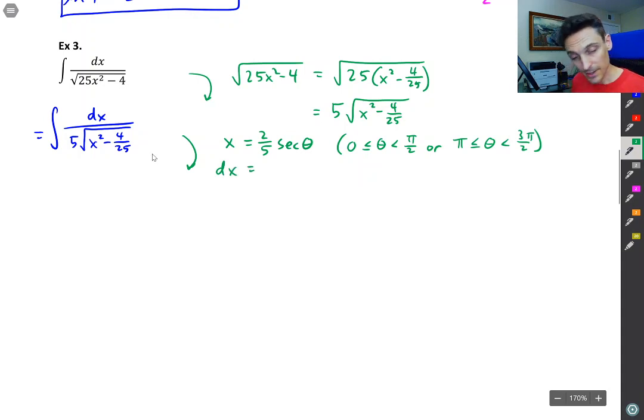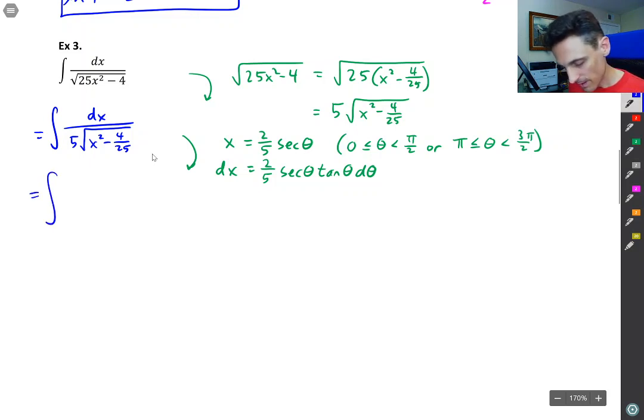Now our dx is going to be the derivative of secant, which is secant theta tangent theta, d theta. And we have that 2/5 in front still, that hangs around as a coefficient. Okay, let's replace everything inside of our integral now. So we have our dx turned into 2/5 secant theta tangent theta.